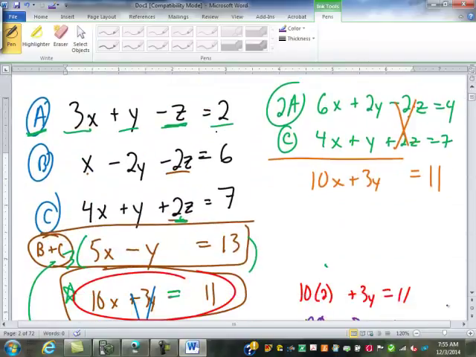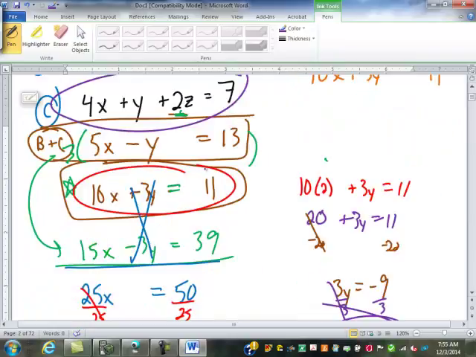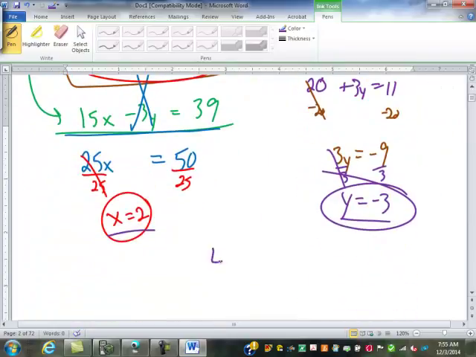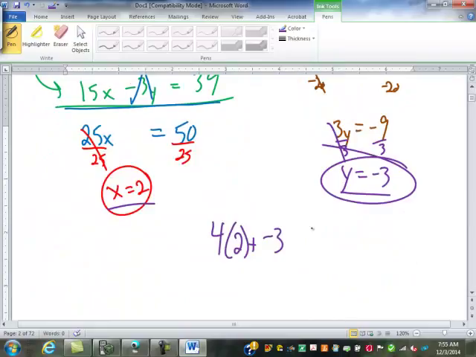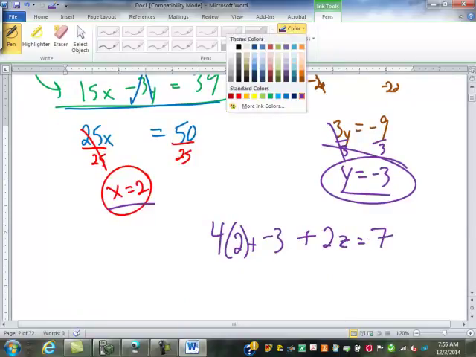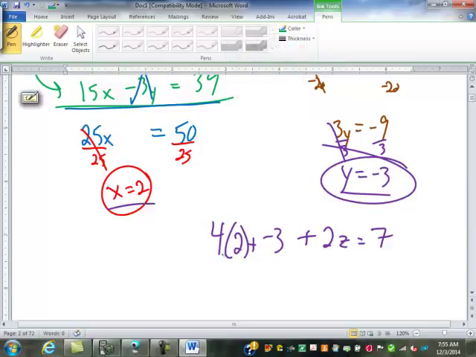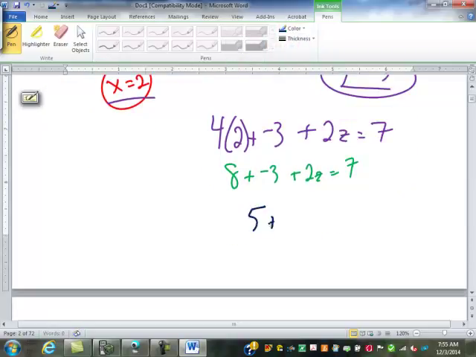Go back up to one of these originals and find z. Let's do this one because that's the only one with a positive z. So 4x becomes 4 times 2, plus y becomes plus a negative 3, plus 2z equals 7. 4 times 2 is 8. 8 plus a negative 3 is 5.